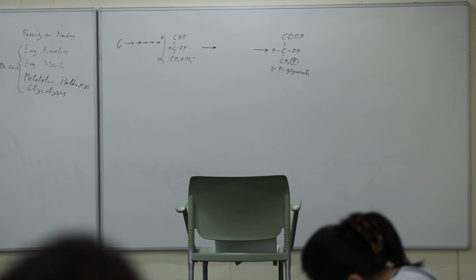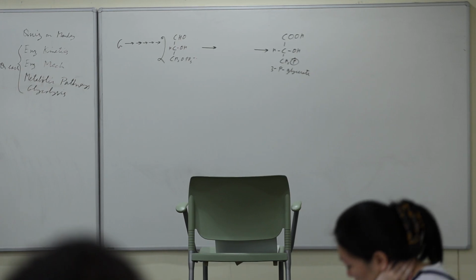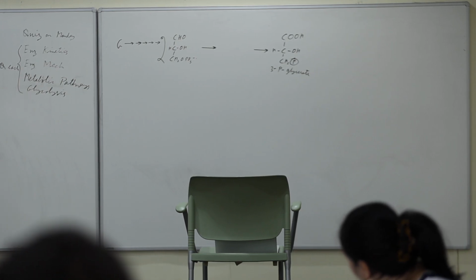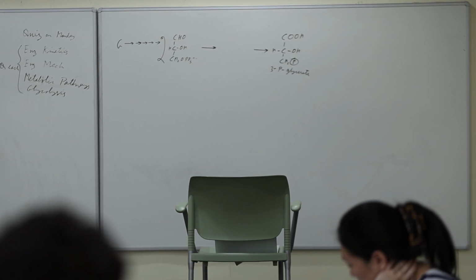Now, in organic chemistry, we have learned that aldehydes are strong reducing agents. They can easily get oxidized. In fact, it is a task to keep it in the aldehyde state. If you open a bottle of aldehyde and then after maybe a few months, it will not be an aldehyde anymore.